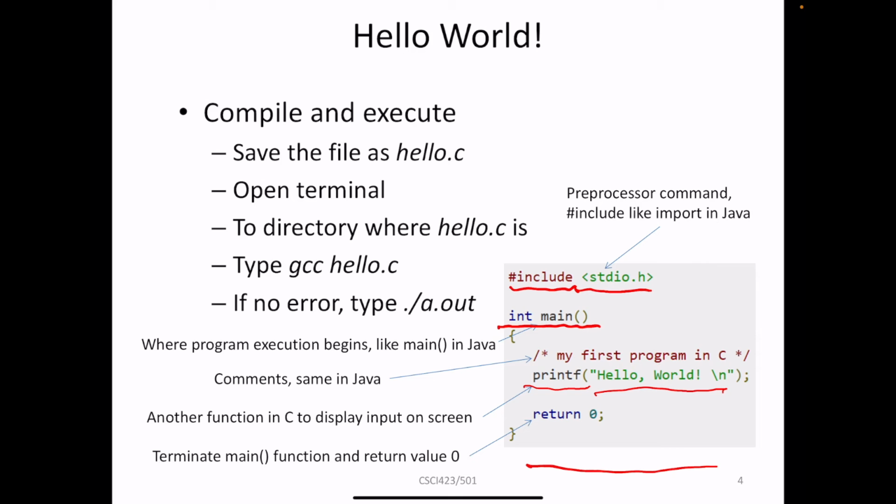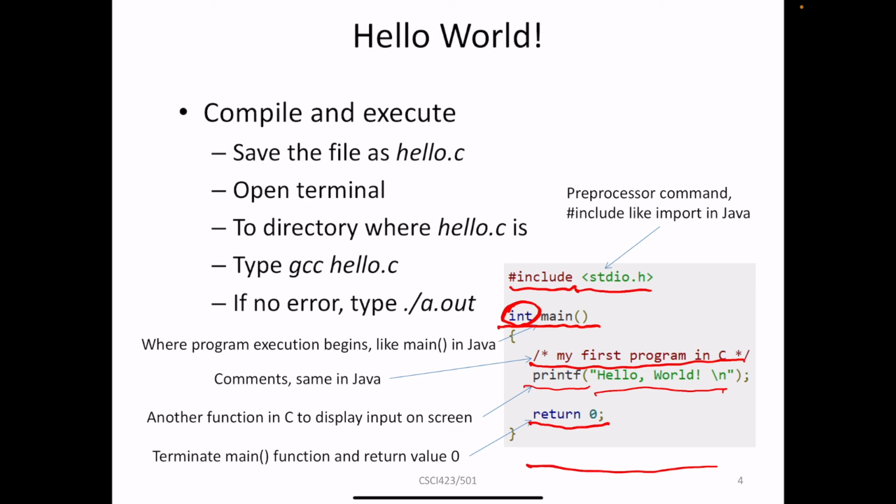Inside the function, we have some comments, which are pretty similar to the comments in a Java program. Also, since there's a return value required when we define the main function, you can see here we have an int, so we need to return some value at the end of this function.